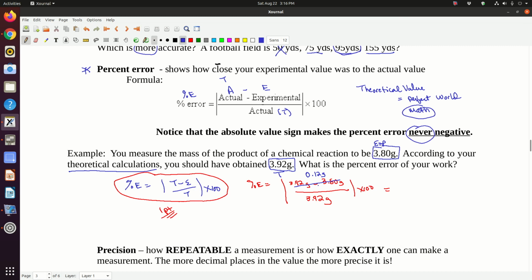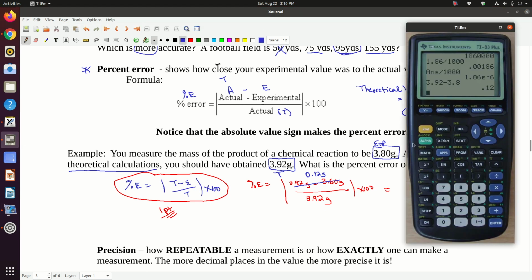This happens to be the correct significant figures for this math, but we're going to learn sig figs in equations in the next section. You will be required to use significant figures as soon as I've taught them. We're really close. So now that I have the value, I just divide by 3.92 and multiply by 100.